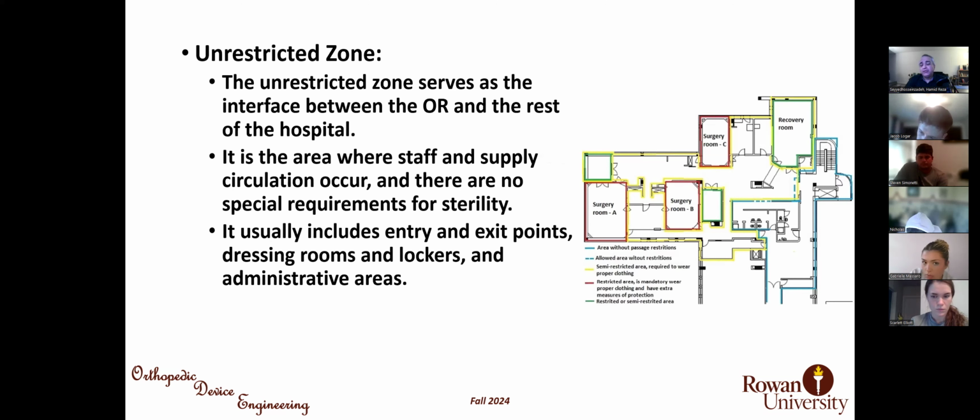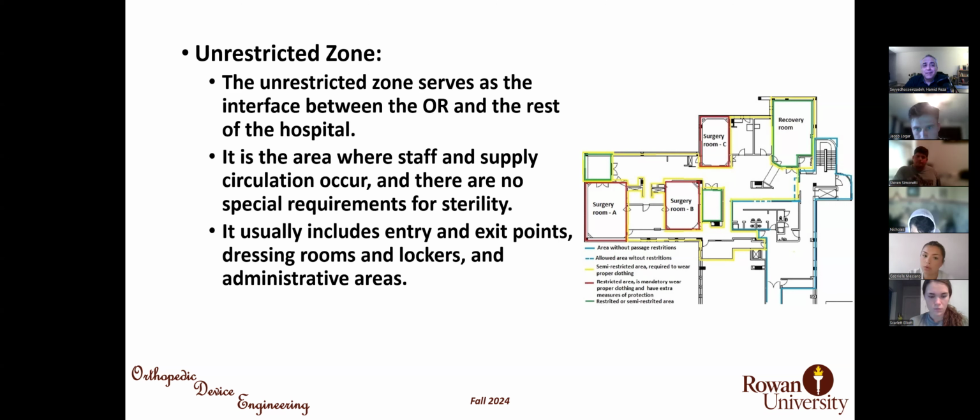So unrestricted zone is the area that the operating room is in contact with the outside environment, where you enter the operating room, where the patient enters the operating room or is moved from the operating room, where you need to change your clothes.